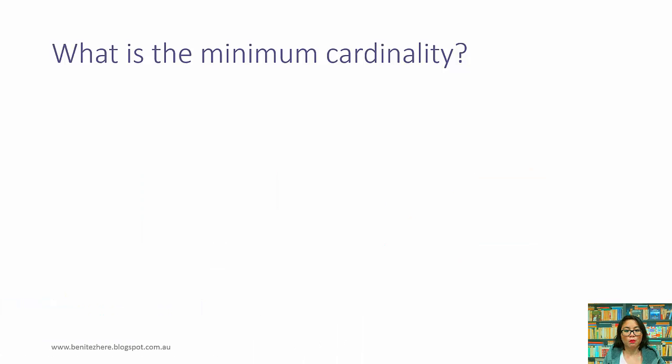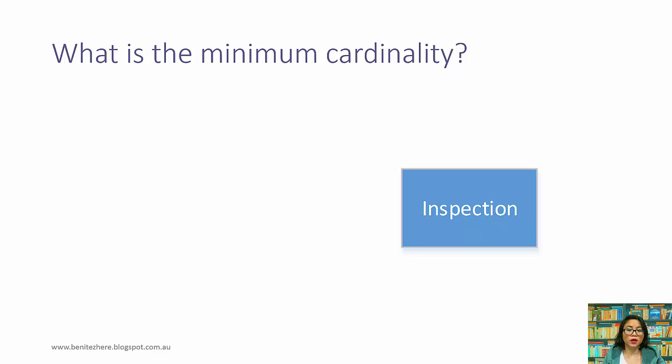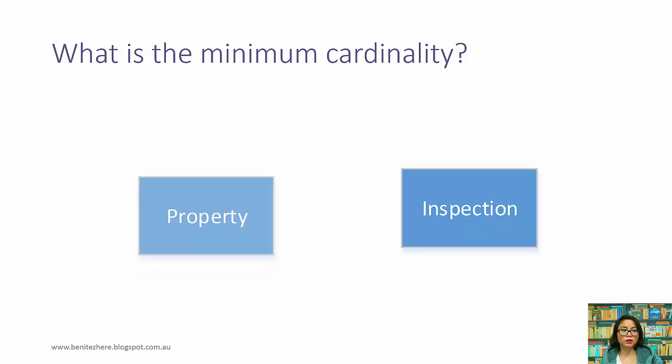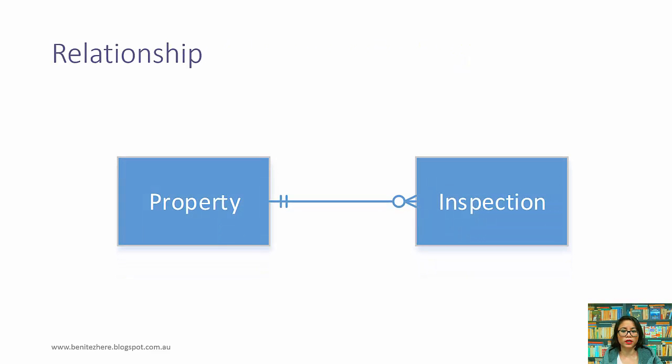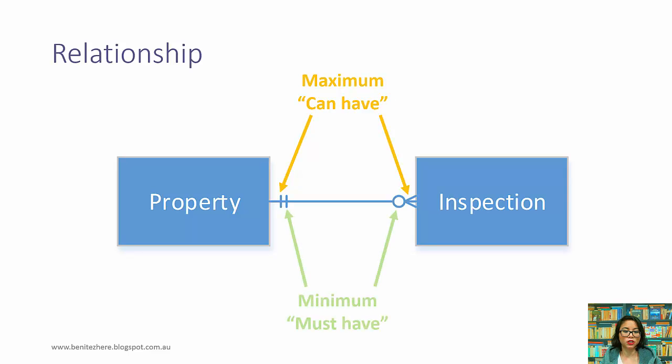So when you put that all together, sorry, I forgot the other way around. The next bit is we have the inspection to the property. An inspection must always be associated to one property. So in terms of the full relationship, a property can have many inspections.